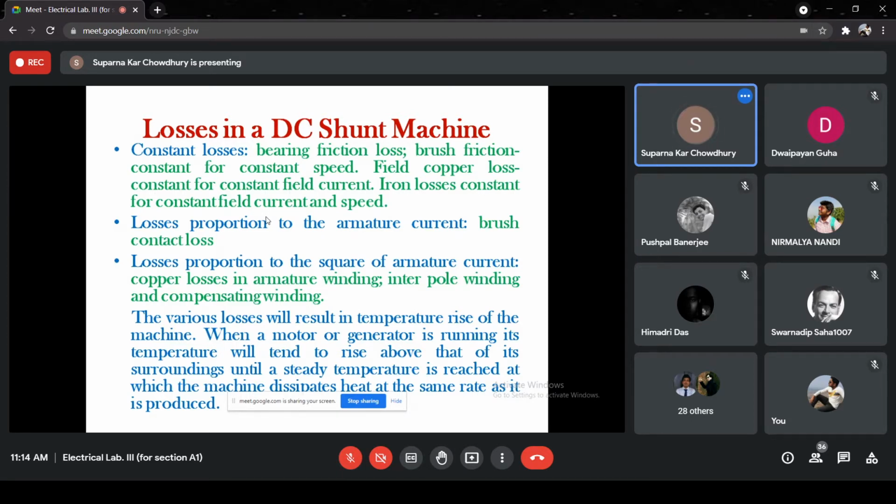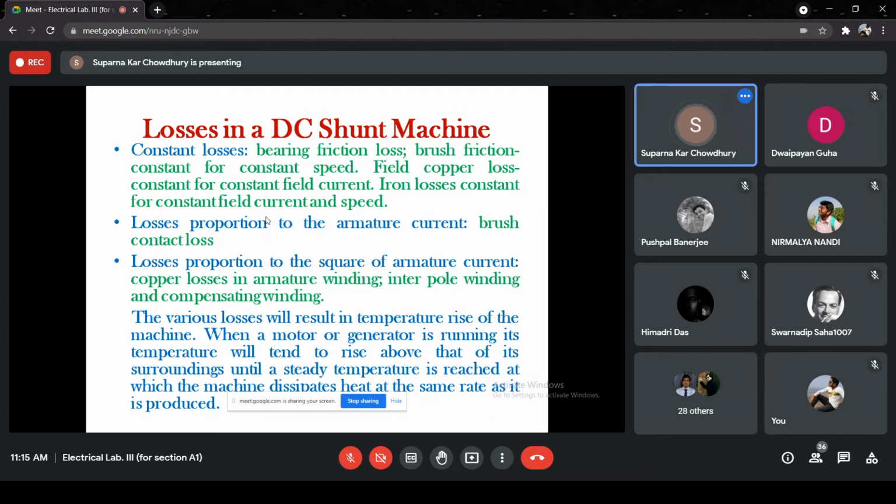So if we keep the field current constant, then the field copper loss is constant, and the iron losses, which include the hysteresis and eddy current losses, we know depend on the frequency and the flux density. If we keep the field current constant, then the flux density will be constant. Then, if the speed is constant, these losses will be constant.